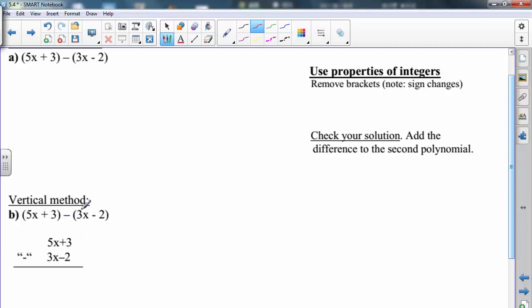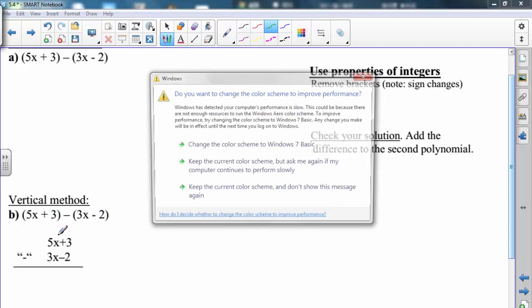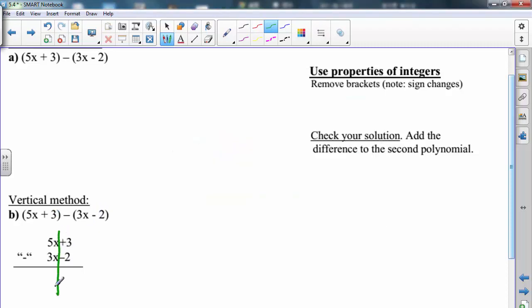So the second polynomial, 3x minus 2. For 3x, you need to put it under 5x. Negative 2 is a constant term. You need to put this term under positive 3. So this time, I have two columns.